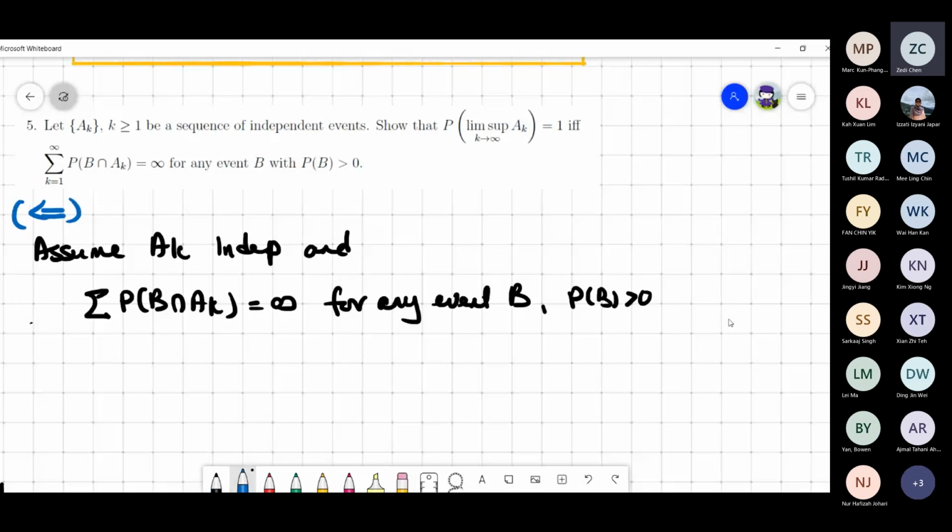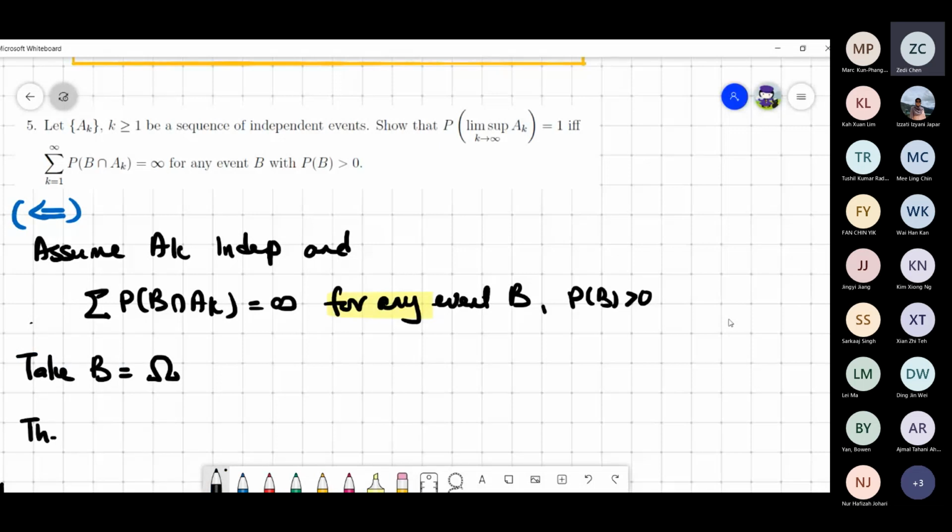That will be better. We assume this is independence, and we assume this for every event. So what we can do is we can just simply take B to be omega, because this is true for any one of the events. We can just replace B with any event. Okay, so we just take B to be omega.